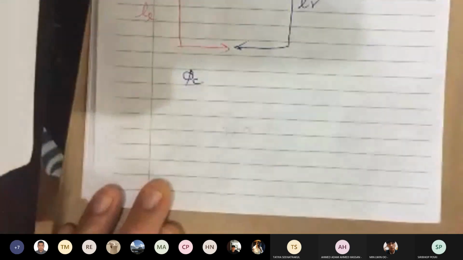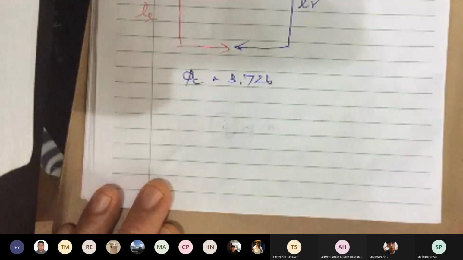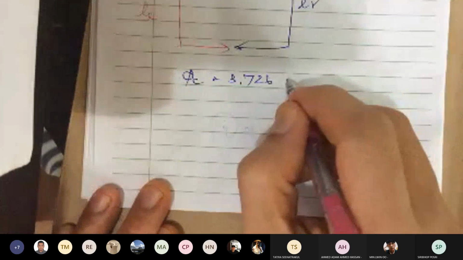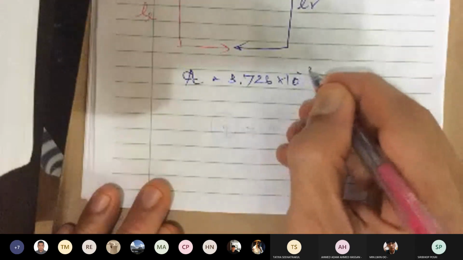Phi C in the center leg is 3.726 milliweber, times 10 to the negative third weber. You might want to write this down.